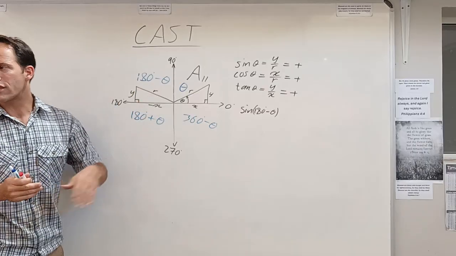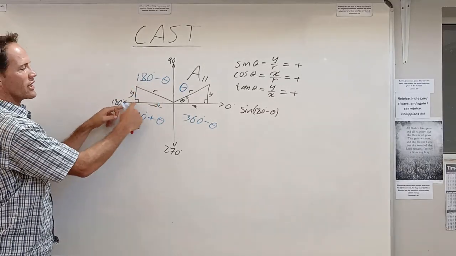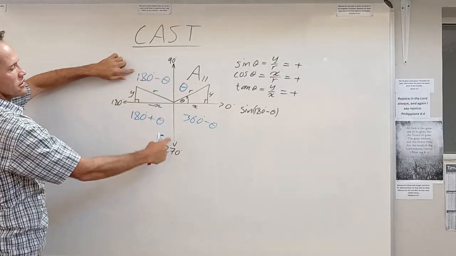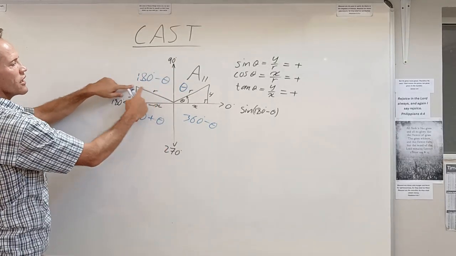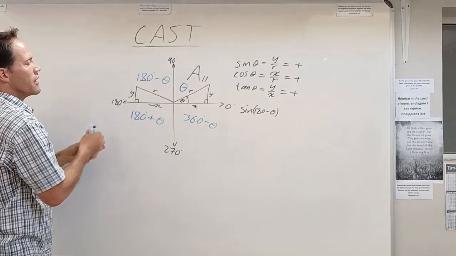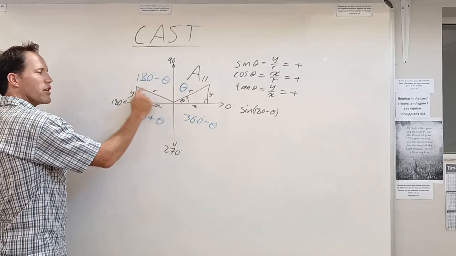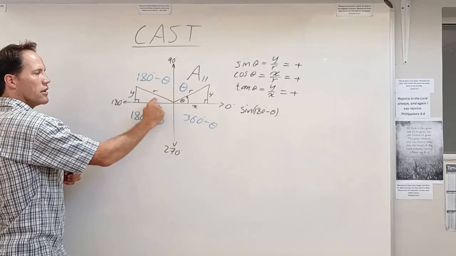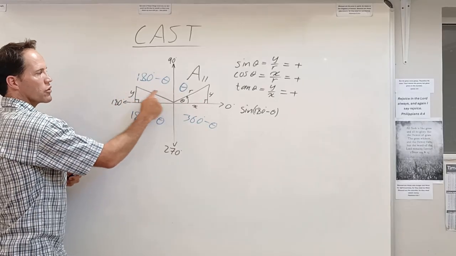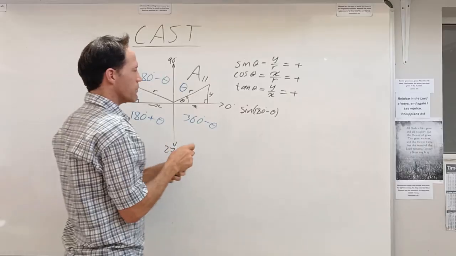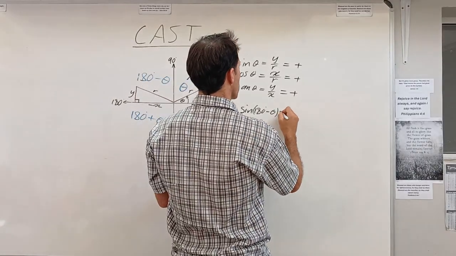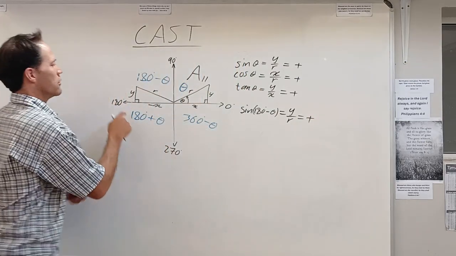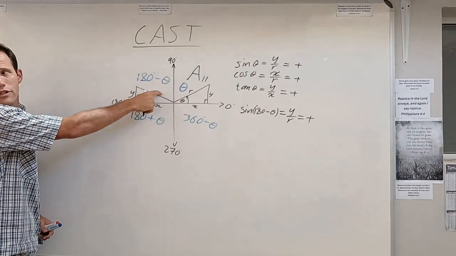And another thing, the triangle must always go to the x-axis. You never draw the triangle to the y-axis. The triangle always goes to the x-axis. So if this is my triangle and my angle that I'm looking at is here, then it's opposite over hypotenuse, y over r. So sine 180 minus theta is going to be y over r, which is still positive. Because y is positive, r is positive.